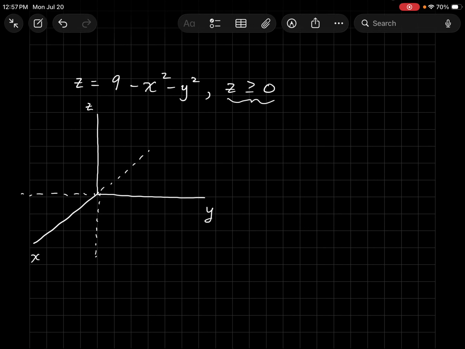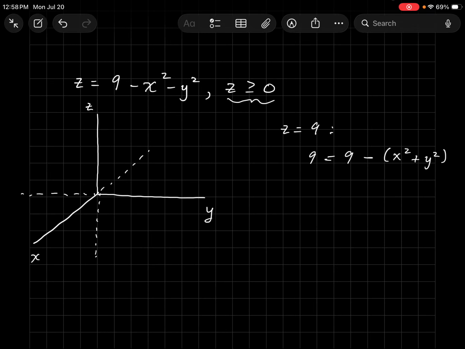So let's do the one where we have, let's say, z equals 9. That is, we'll find some level curve type traces. So when z equals 9, we get 9 equals 9 minus, and watch this, x squared plus y squared. Here's one way to handle it.